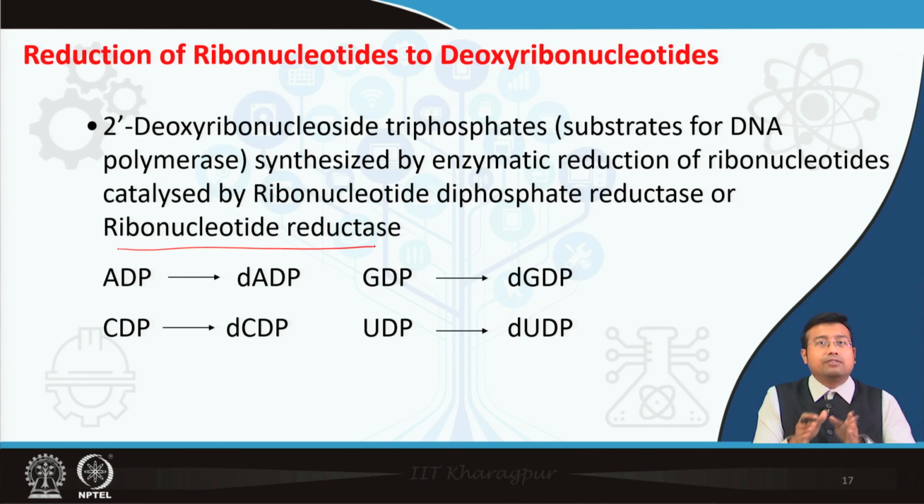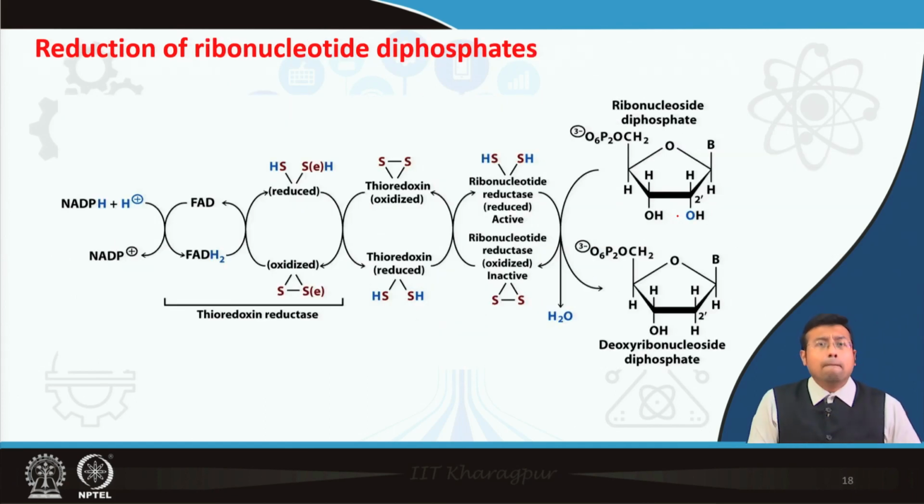Diphosphates are the substrate for ribonucleotide reductase. That is why this enzyme is also referred to as ribonucleotide diphosphate reductase or RDR. Alright, diphosphate, very important. But this is not as easy as it seems. Yes, it is just a reduction, but there are many things going on behind the hood.